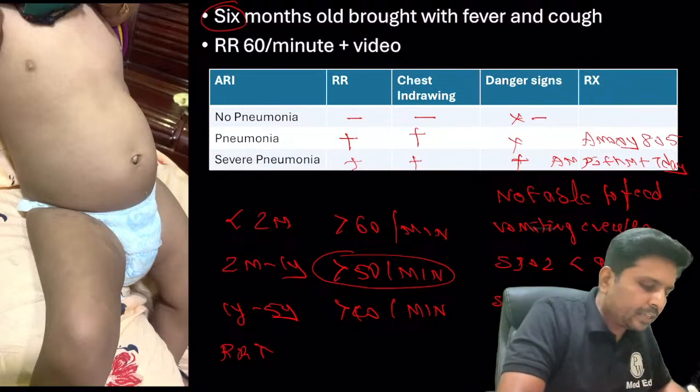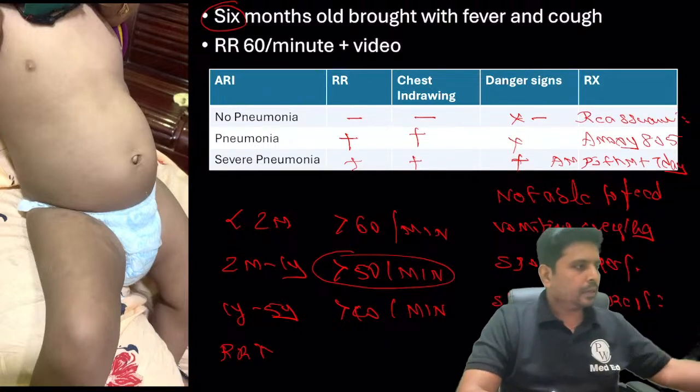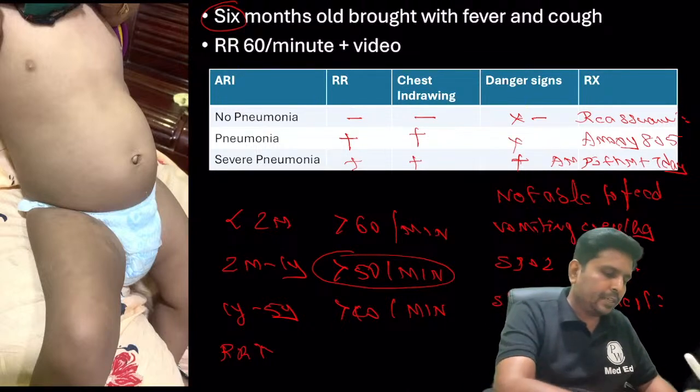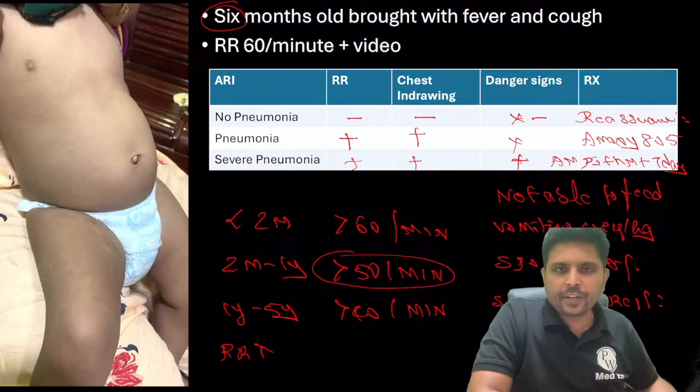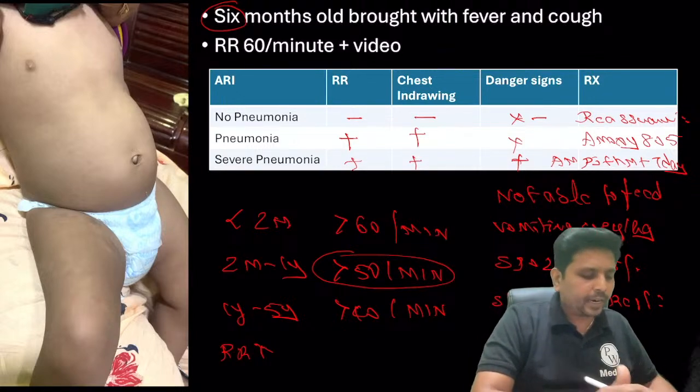The treatment is just reassurance or observation. So these are all the things that you need to know with respect to fever, cough and chest indrawing. That is your pneumonia guidelines.